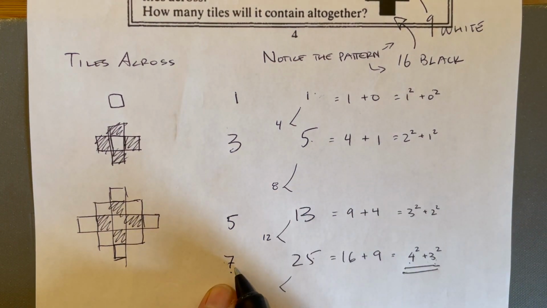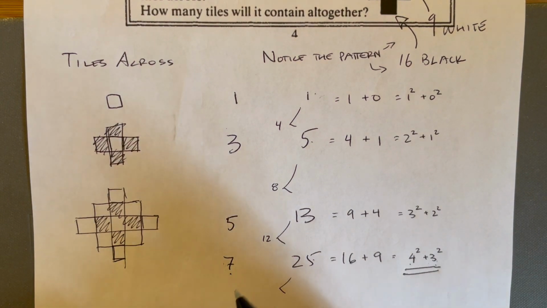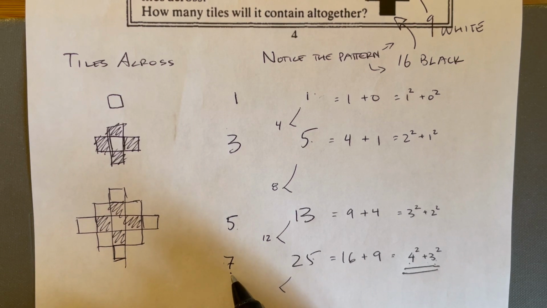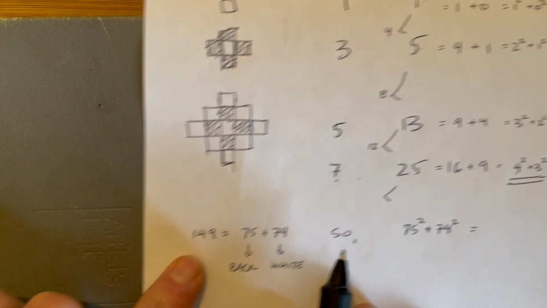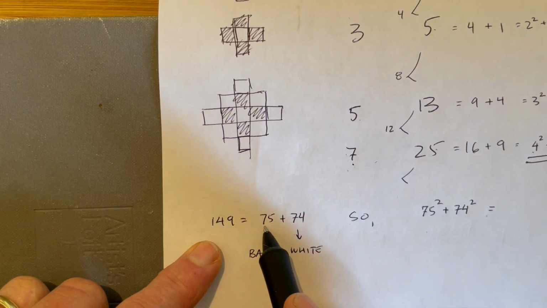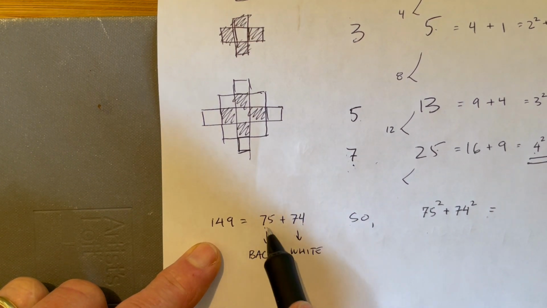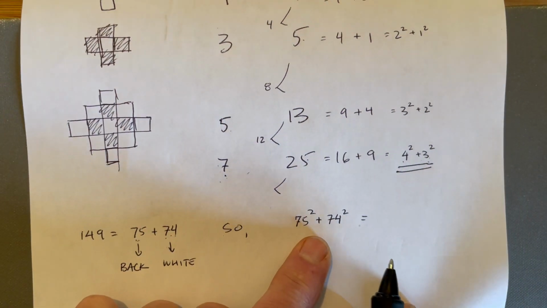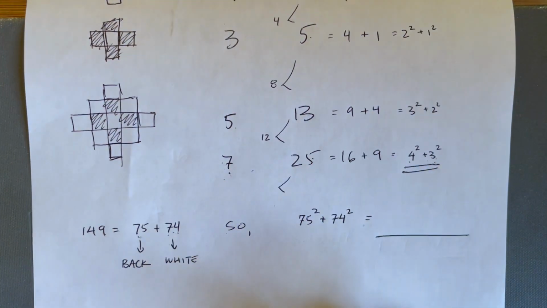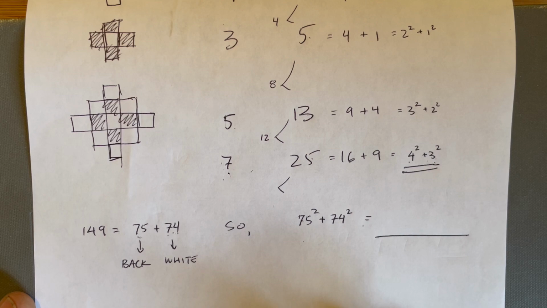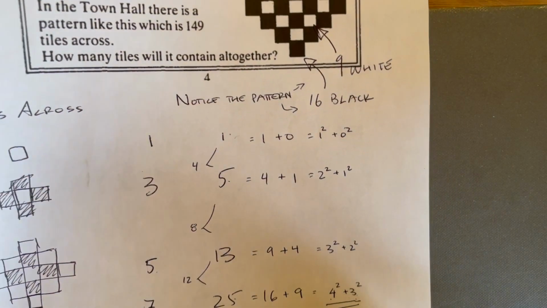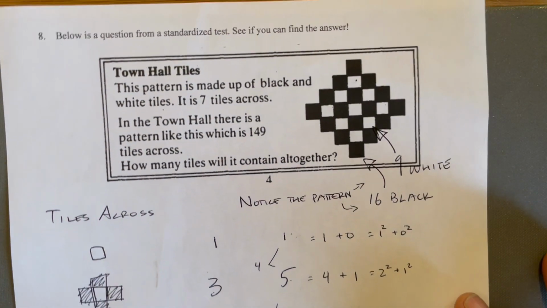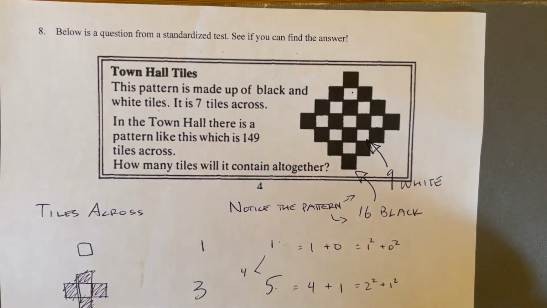So you break 7 down into the numbers that are closest to being equal, like with 7 it'd be 4 and 3, and with 149 it would be 75 and 74, the numbers that are only 1 apart, and I'd square each one and add it up, okay? So I'll let you do that on the calculator to find out what that is, but that is the end of the practice test. The extra credit on the back, you can play with those numbers, finding 4 4s to make things on your own. Good luck.